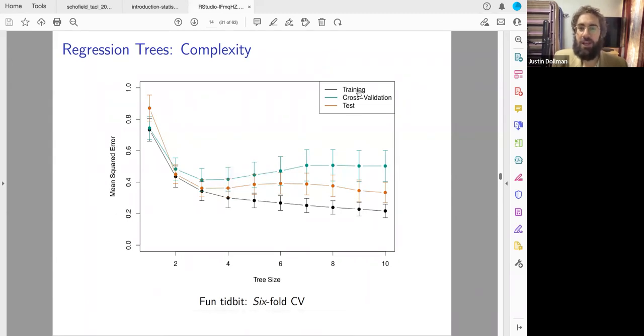We have training, which you can kind of ignore, and the cross validation. They did 6-fold CV, so you have 5/6 of the data used to fit the models that correspond to the teal dots. And then you have the test, which is always lower.